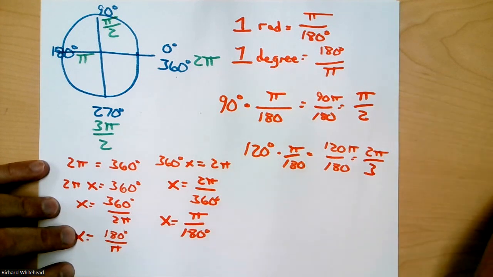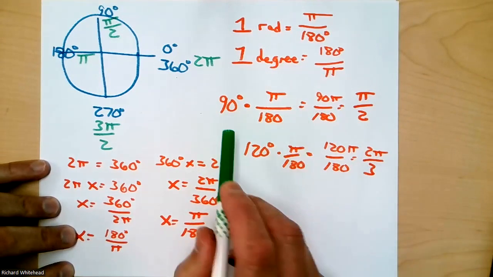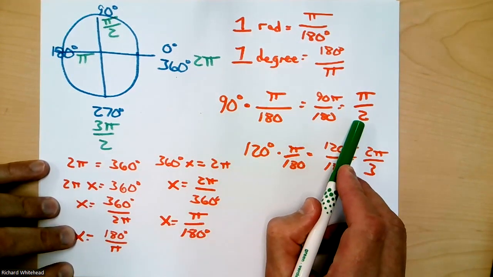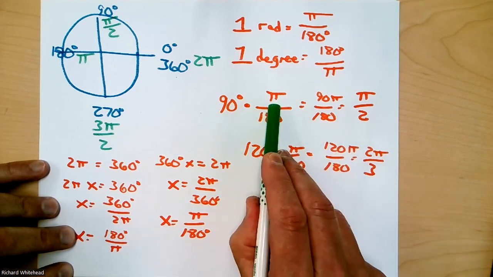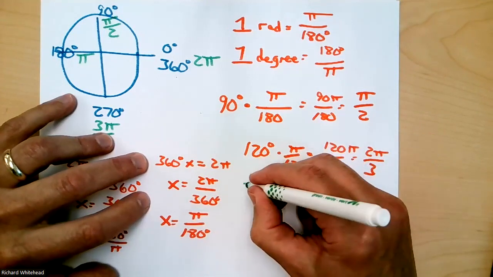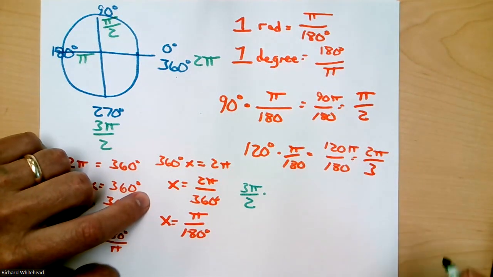That's one of the things I always bring up when people say, I'm having a hard time remembering this. Just remember, when you're converting from degrees to radians, you want pi to be in the answer. Then if somebody says, well, wait a second, I've got 3 pi over 2 radians, and I need to convert that into degrees.